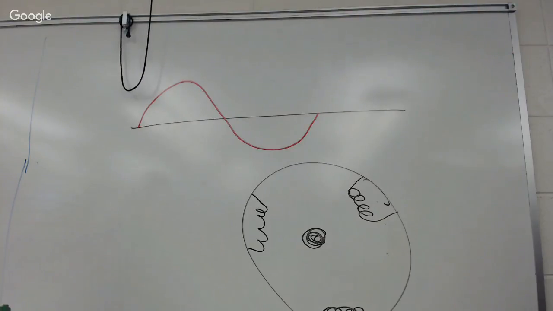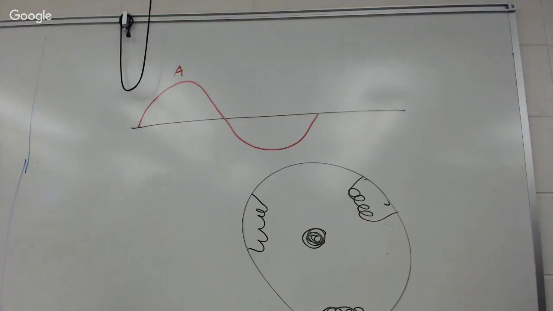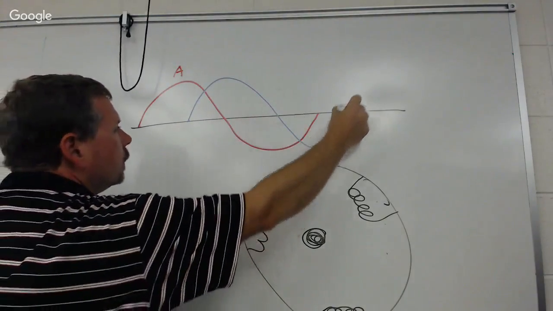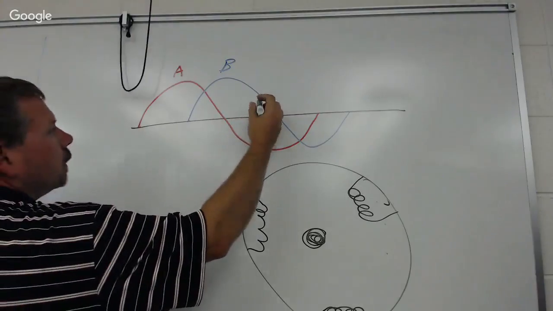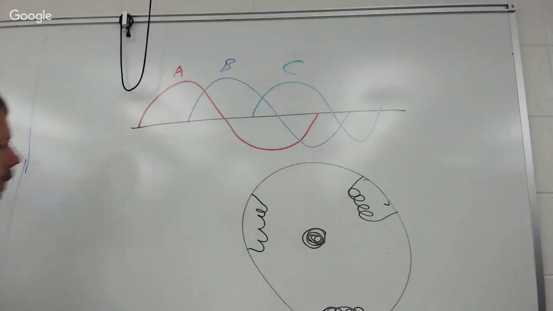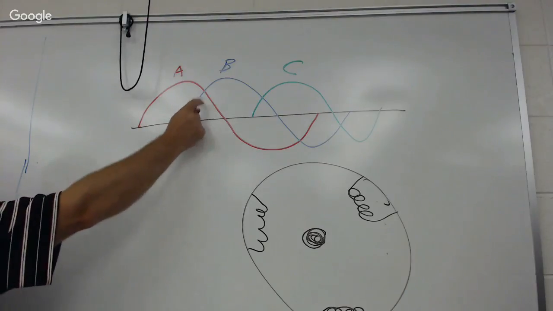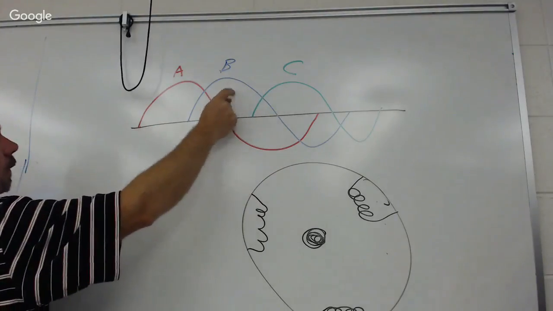We'll call that A. It's phase A. We'll call this one phase B. And this is phase C. So we see that phase B is leading phase A, and that phase C is leading phase B.